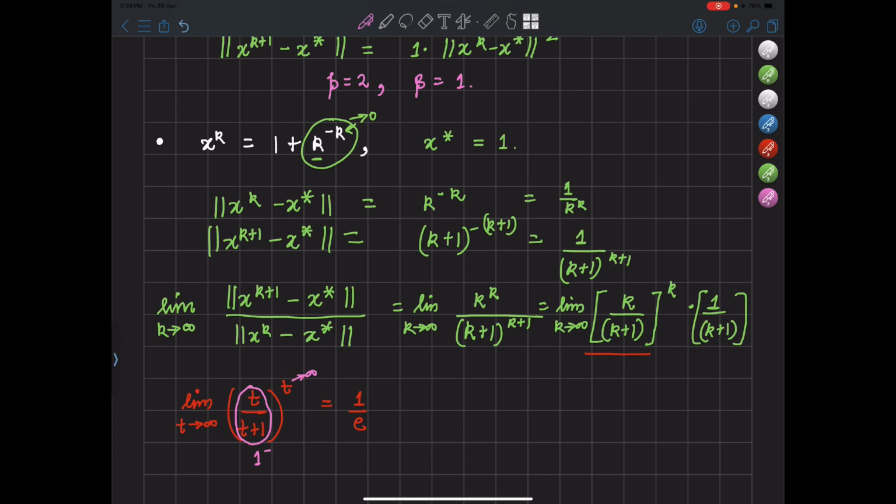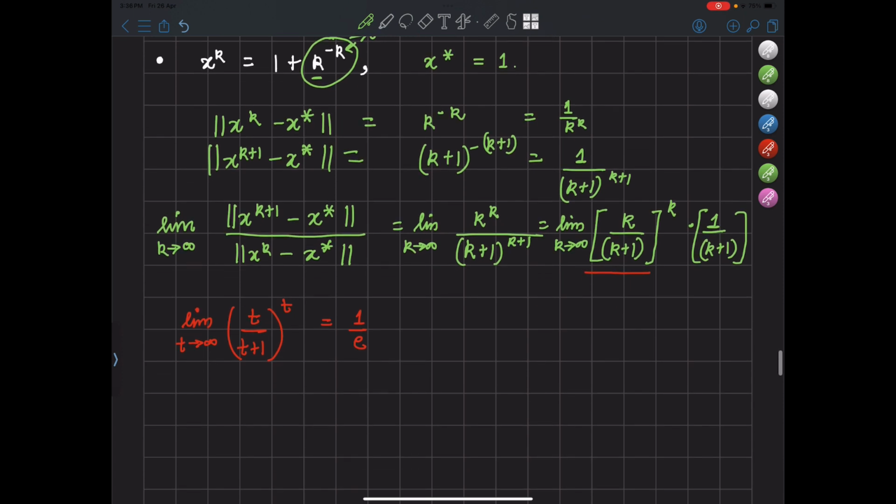So it turns out that this whole term converges to a finite number, which is given by 1 upon e. So we'll use this result here, which means it will become 1 upon e, and as you can see 1 upon k plus 1, where k tends to infinity, becomes 0. So this whole limit is 0.